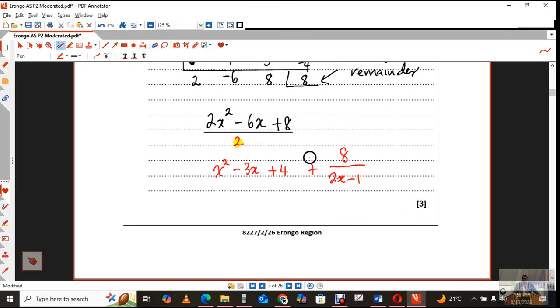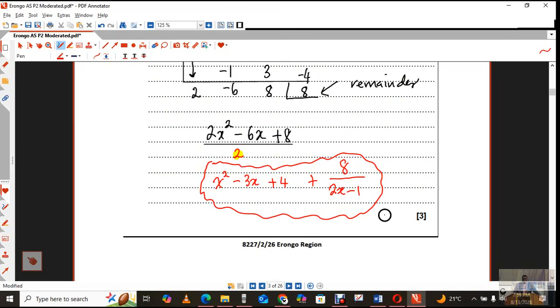Okay, or you can say remainder is equal to 8. It's totally up to you. The reason I do that is because this question has a second part to it, that you will have to use in order to solve that part. Right, again, whatever you do, as long as you get to that for 3 marks.